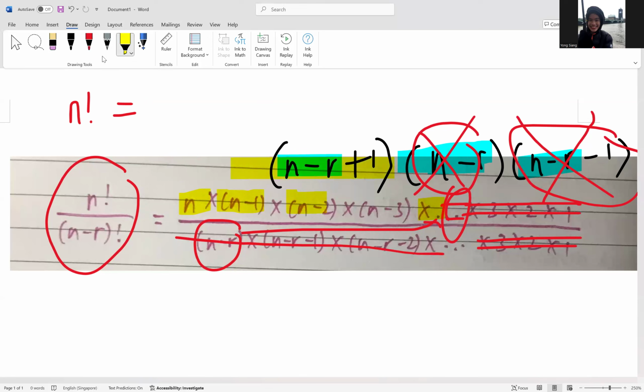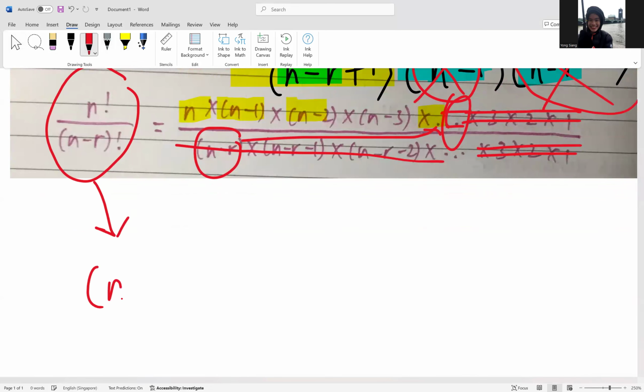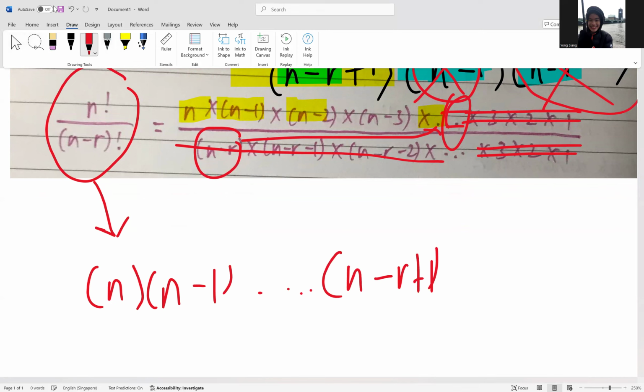Then you stop. So the very simple answer is that if I simplify this, it is going to be n times (n minus 1), all the way until you reach n minus r plus 1.